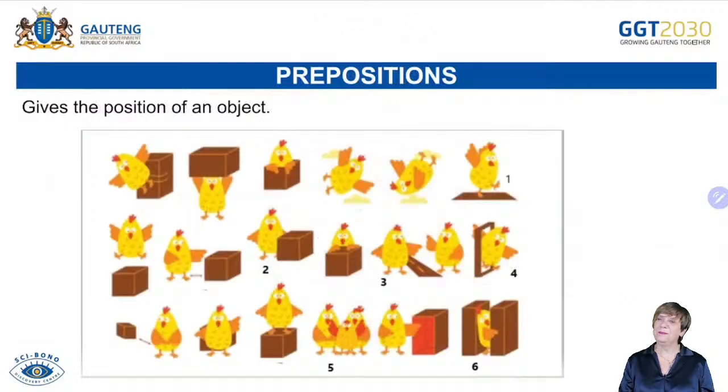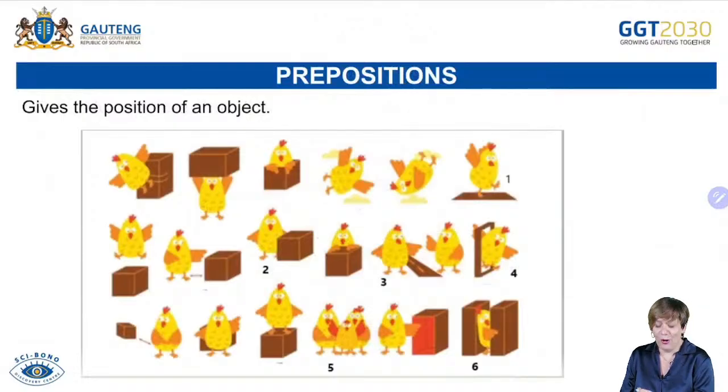And number 5. So number 5 and 6, I need you to remember. That's really important because these two get often asked. Number 5 is among. When you're standing, for instance, between a lot of friends, you are among friends. That's what we say.